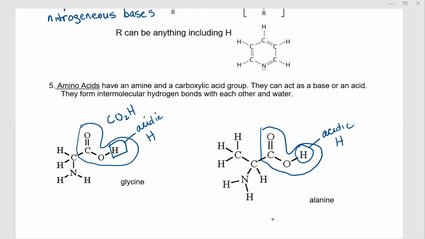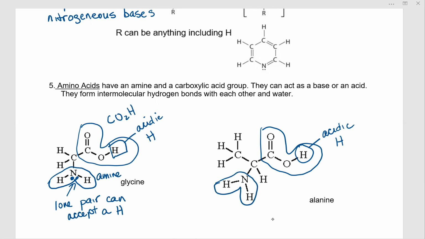Also on here, we have an amine. So there's our amine. And we would have a lone pair that can accept a hydrogen. There's another amine here. And again, we would have a lone pair that can accept a hydrogen. So both locations.